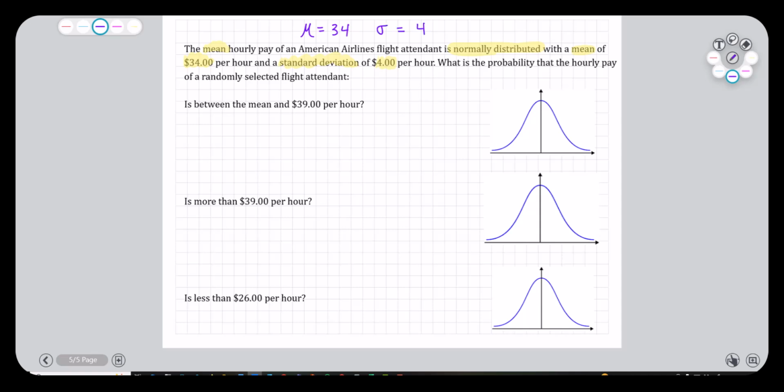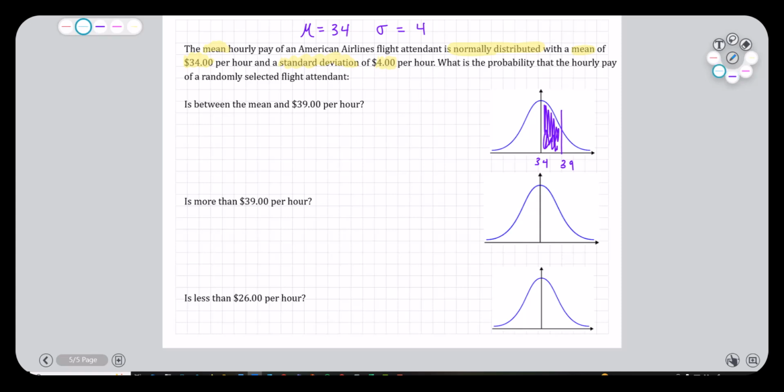It says find the probability that the hourly pay of a randomly selected flight attendant is between the mean, 34, and 39. So what you're looking at is this area right here.